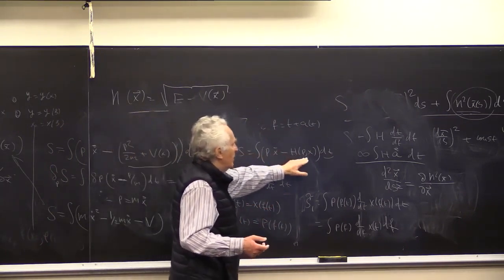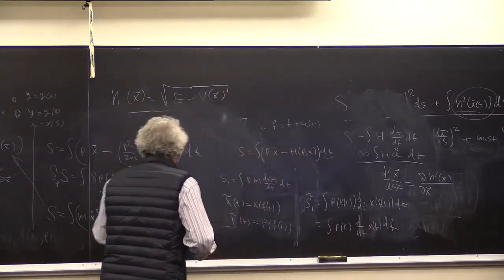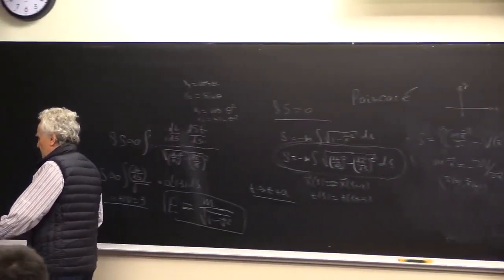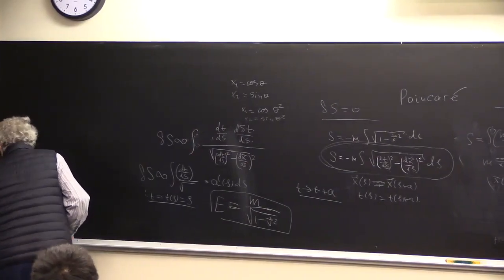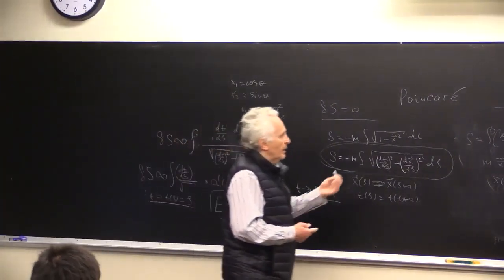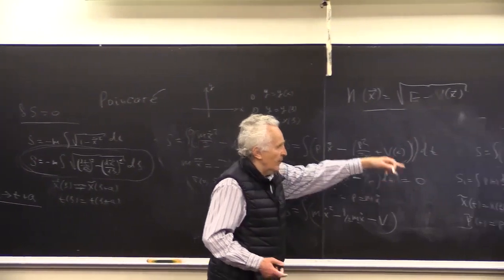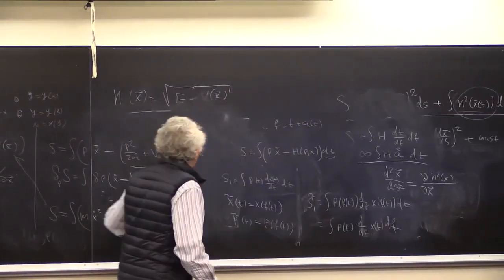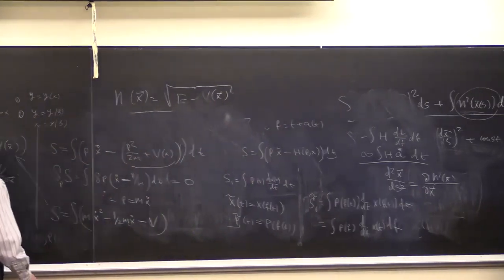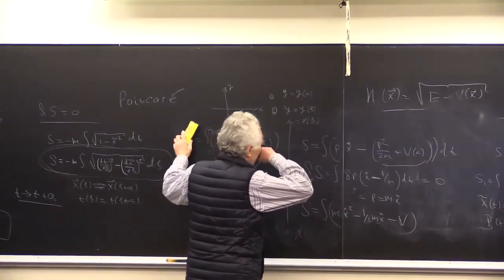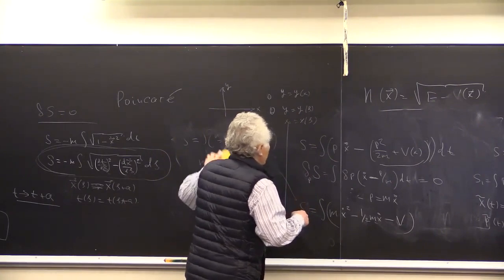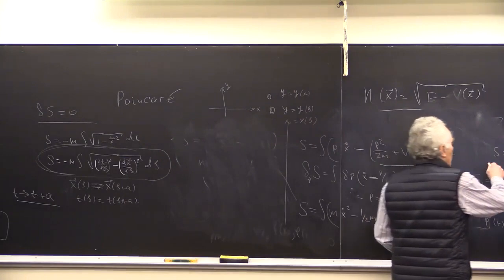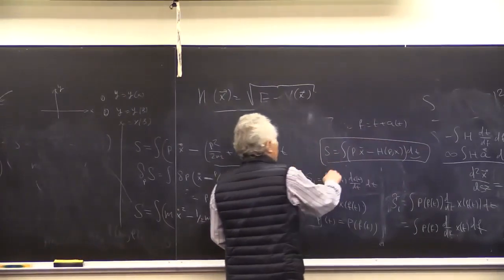But in all cases, it is just the energy because of this argument. Now we are ready to replace this thing by a more general action, and we will generalize even this.